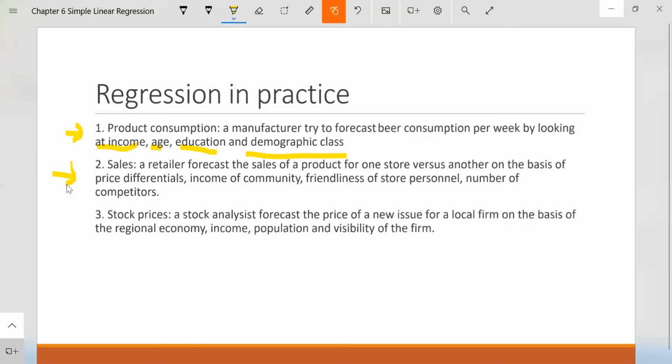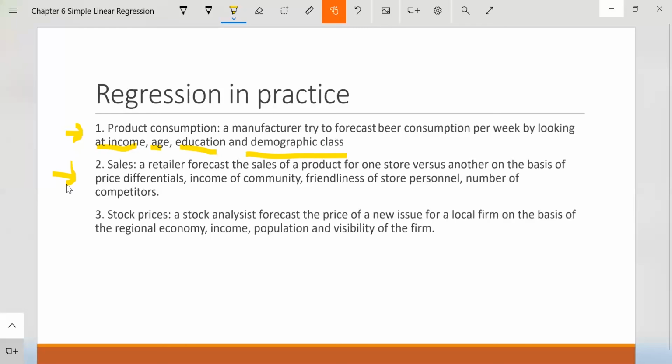A retailer may want to forecast the sales of a product, especially if you want to compare price differentials. If you want to say, well, what if I set two prices and I want to know the effect of changing prices? You may consider setting different prices in different stores and see what happens as to the sales.